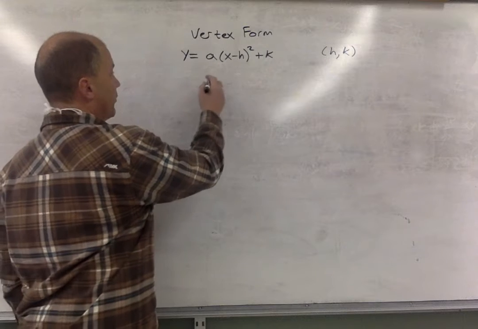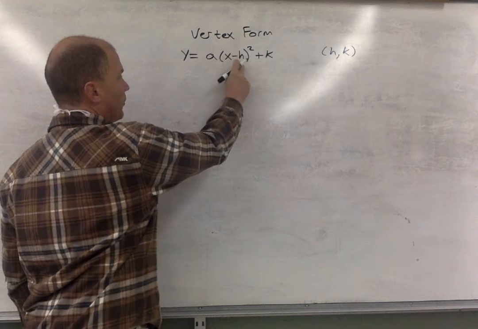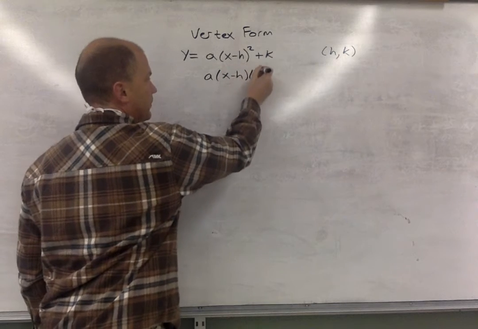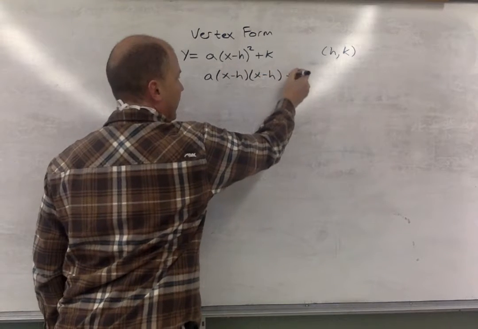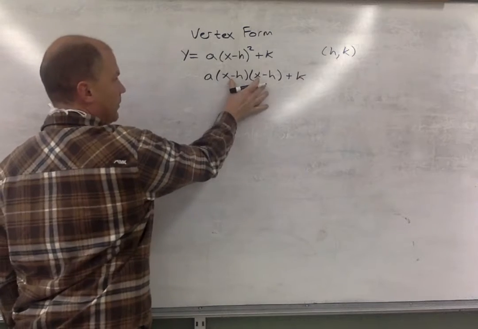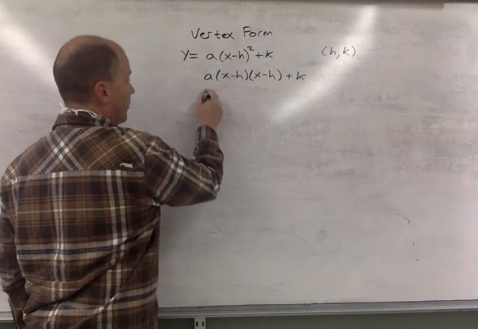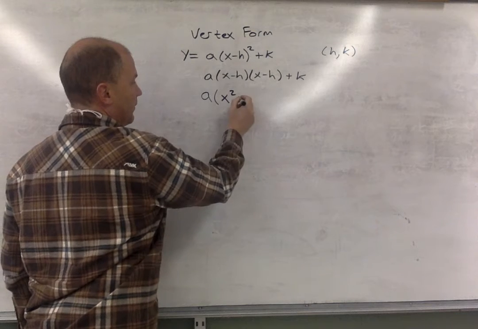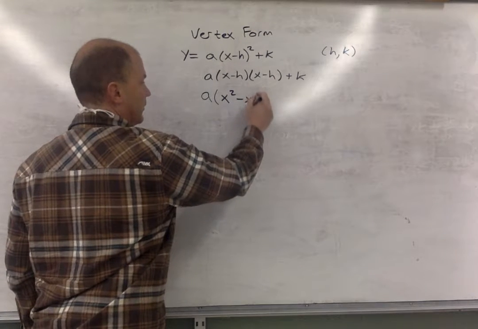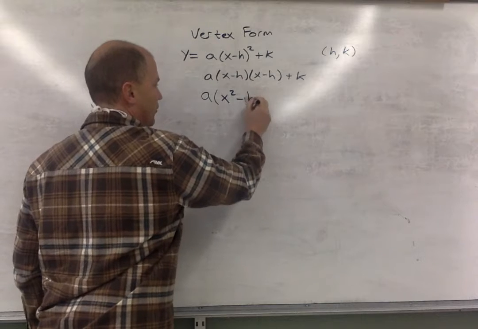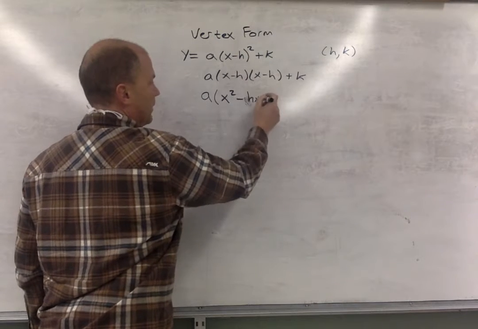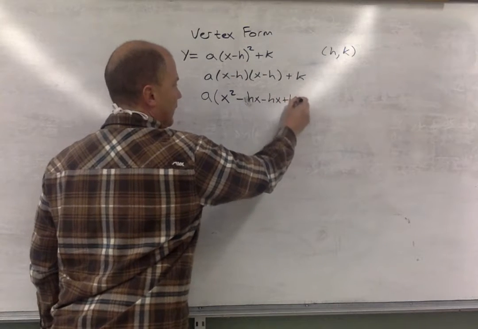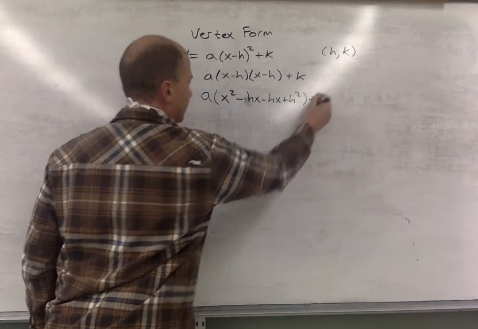If we square this, remember that this is the same as that. If we multiply these two binomials together, we will get x times x is x squared, x times negative h is negative hx, and then we do it again, minus hx, plus h squared plus k.